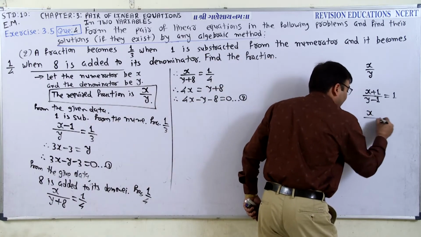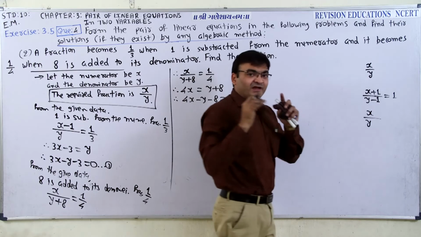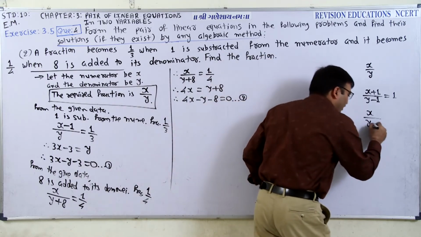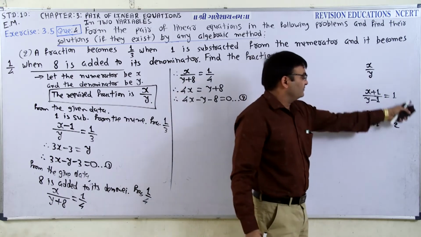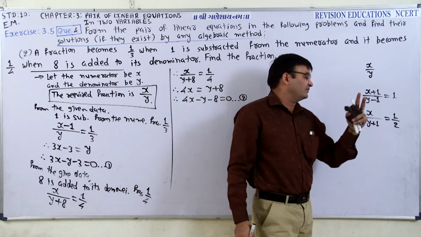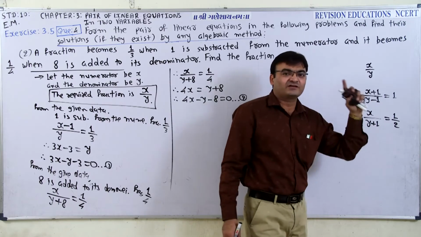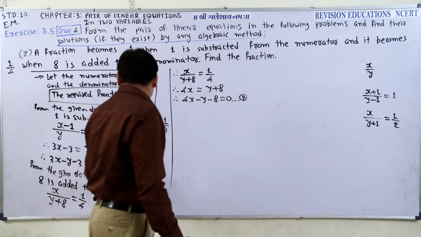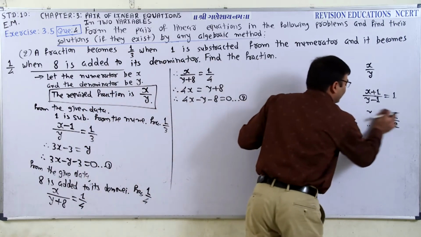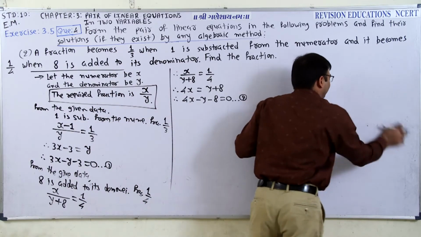And if you add 1 in the denominator, you get 1 by 2. From there we got two equations, and those two equations we solved using the method of elimination. Here we take the method of cross multiplication, friends.